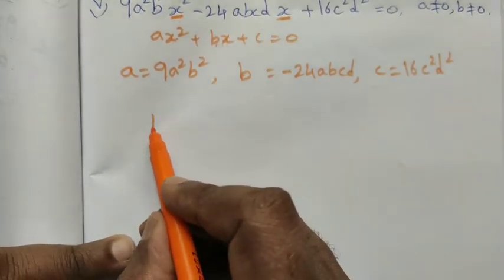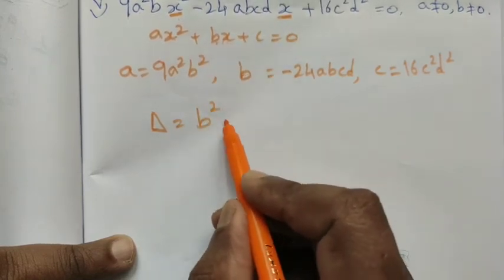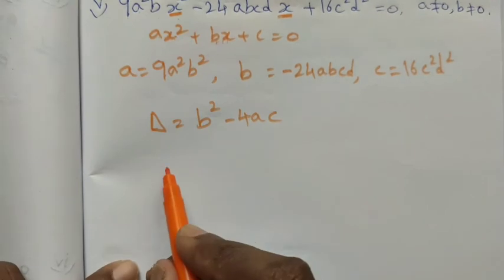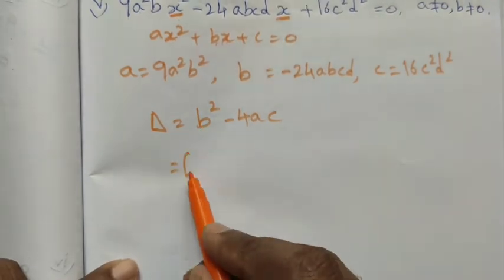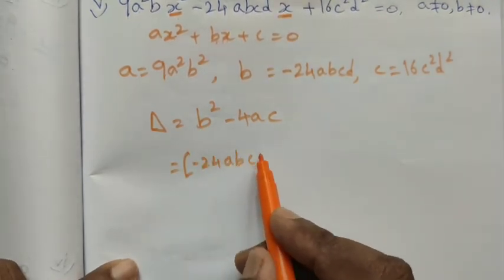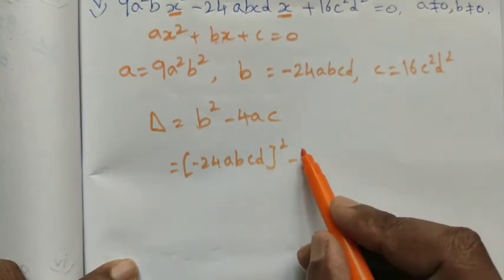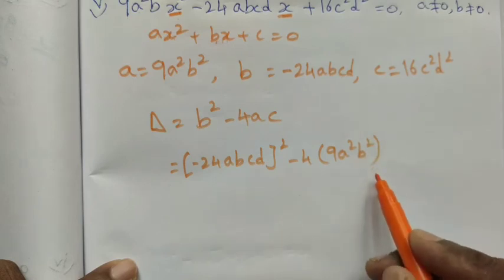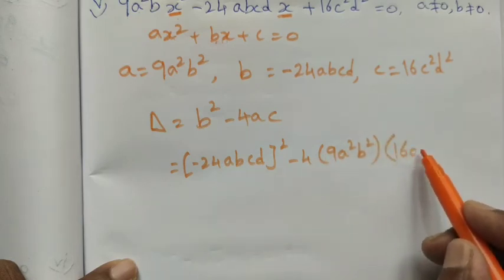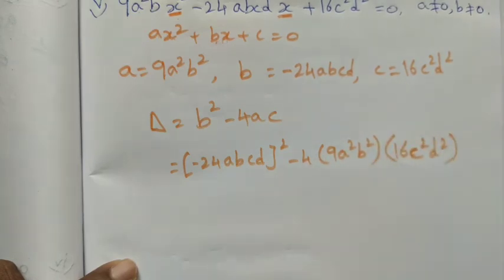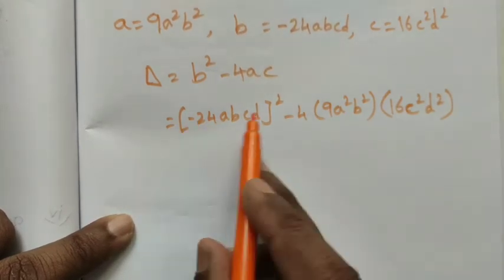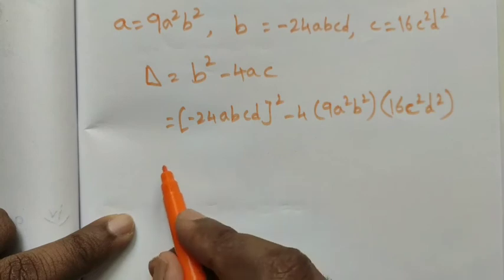Now the discriminant is b square minus 4ac. Now apply the values of a, b, c. Minus 24abcd whole square minus 4 into a value 9a square b square, and c value 16c square d square. When you have a negative with an even power, we get a positive value only.